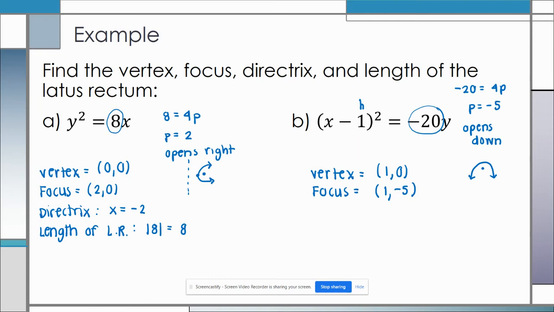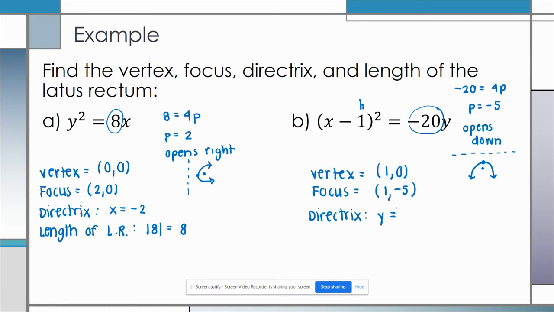Because my directrix has to be a line that doesn't intersect that parabola, this time it's going to have to be a horizontal line. So to identify the directrix, I know it's going to be the line y equals. Once again, from the vertex point, I have to move 5 away, so I have to move 5 up. It's the y value from the vertex that I want to move 5 up from.